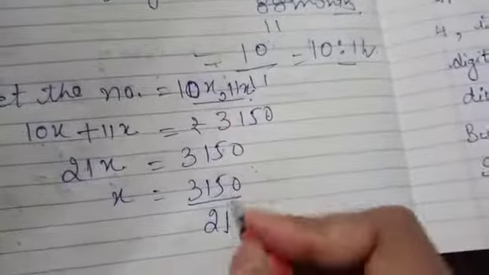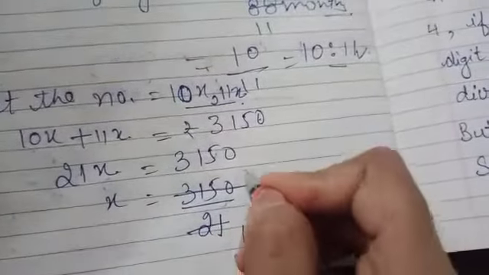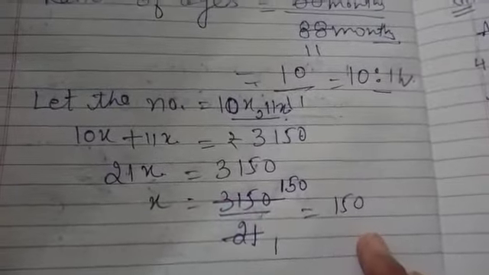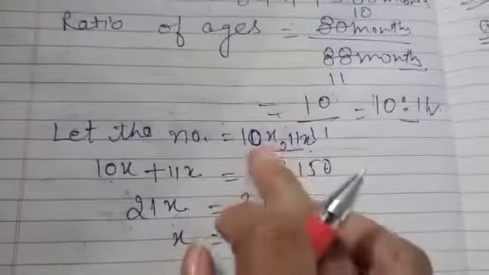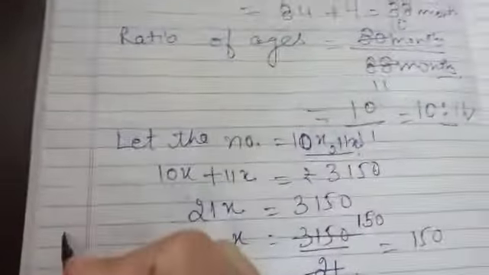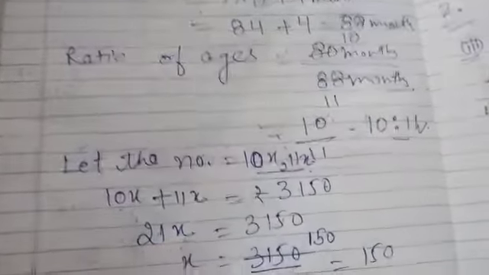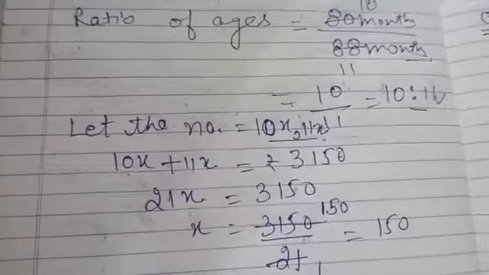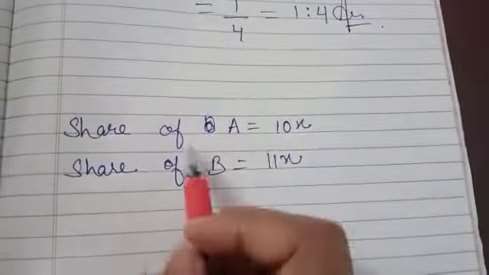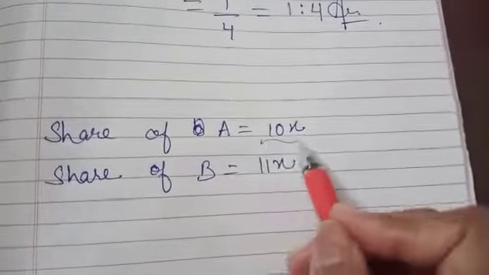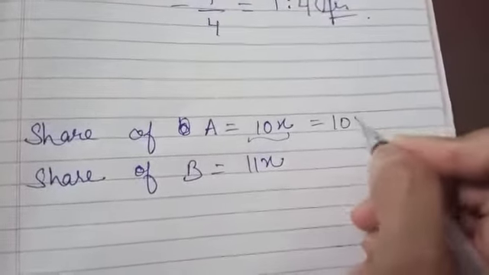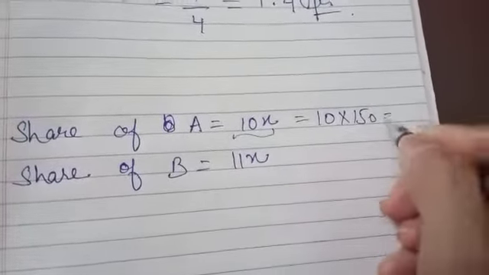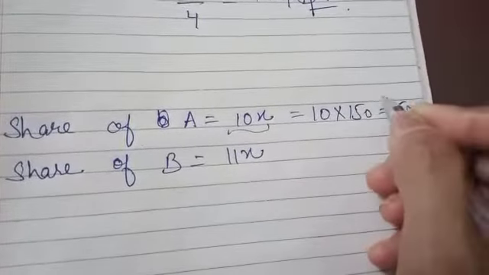Clear? And you will get the value of x, 150. Now put the value of x. You can write share of A is equal to, as we know it is 10x, we can put the value of x here and it becomes 1500 rupees.